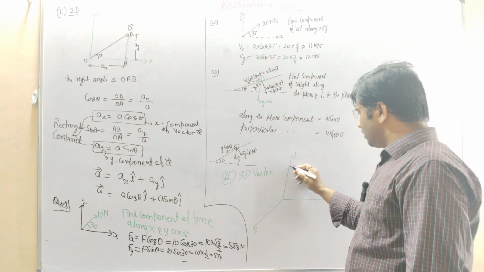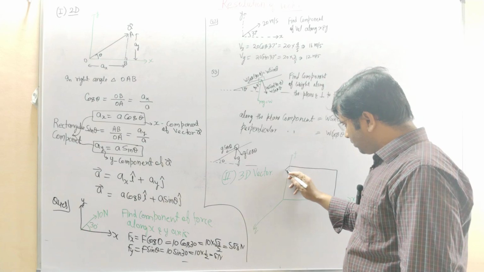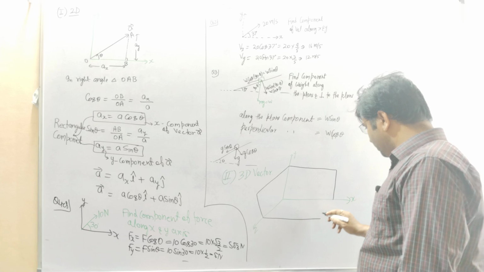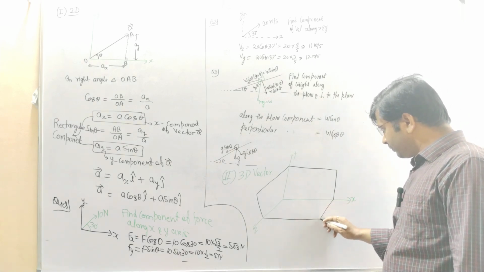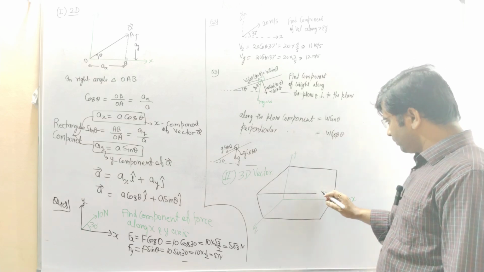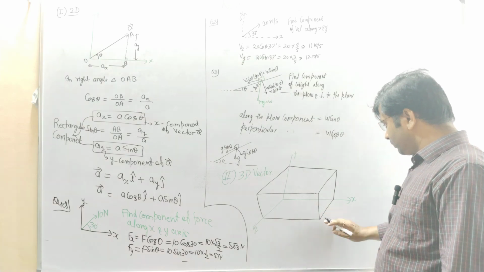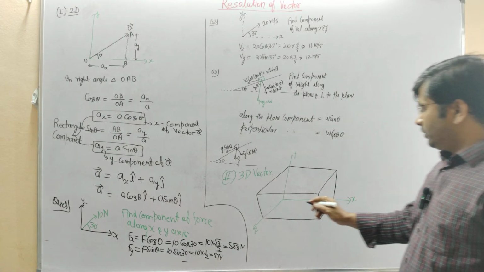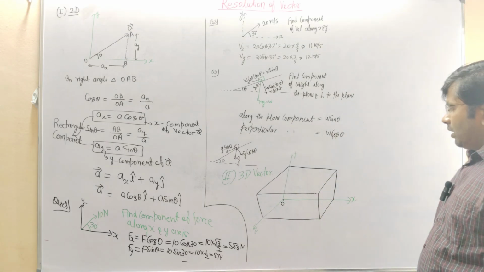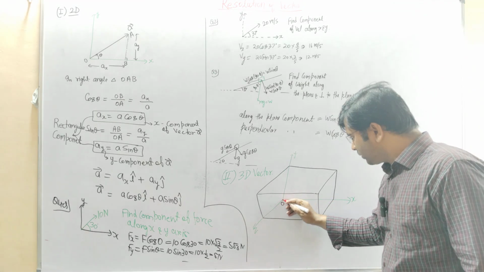Now this is the origin. Let's take this origin as O. I am connecting here O to this diagonal.